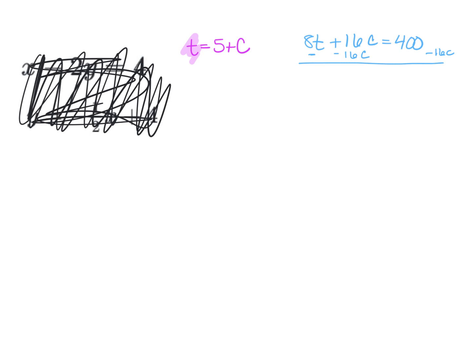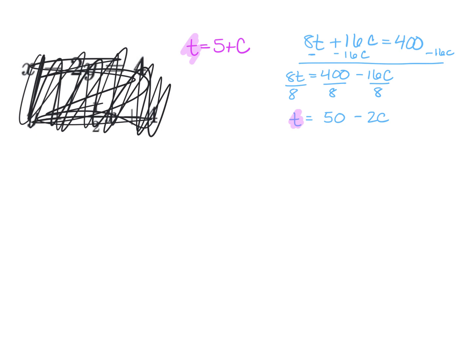That's going to leave us an equation that has 8T is equal to 400 minus 16C. We'll divide by that coefficient, making parts of fractions so that we don't forget to do both. So T is going to be equal to 50 minus 2C. And now we have two equations that are both equal to the value of T, and we can set them equal to each other, and we can solve.